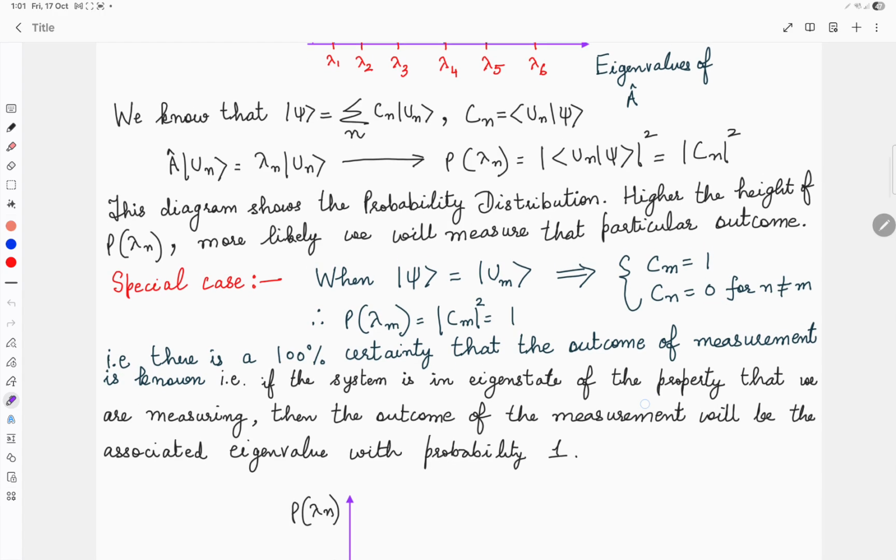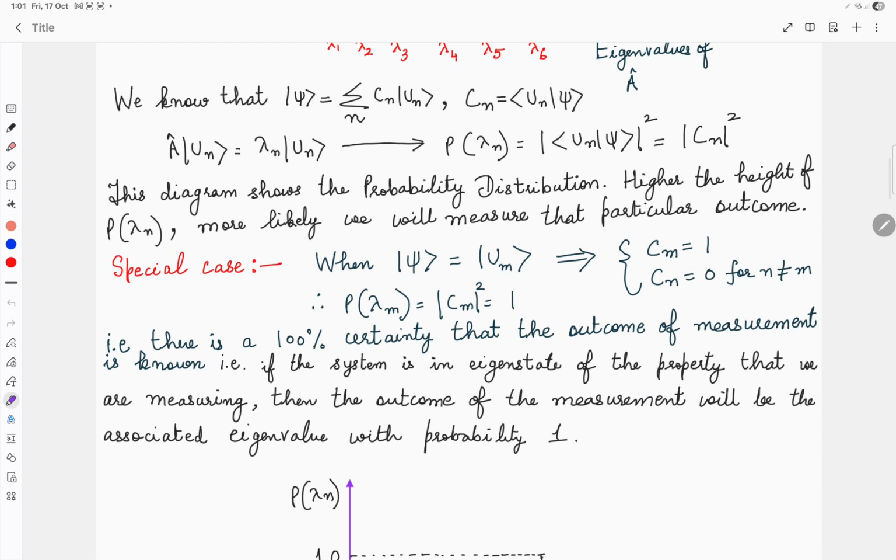Now let us take a special case, when the state of the quantum system is already one of the eigenstates before measurement. If we measure it now, we will definitely get the eigenvalue lambda m, which corresponds to this eigenvector or eigenstate.